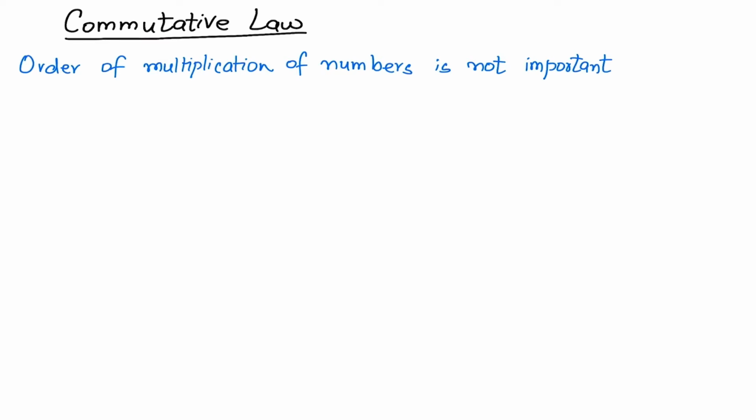The first law that we will study is the commutative law. Commutative law states that the order of multiplication of numbers is not important. Here, the order in which you multiply the numbers is not important. From commutative law of addition, you can easily recall that the order of addition of numbers was not important, right?